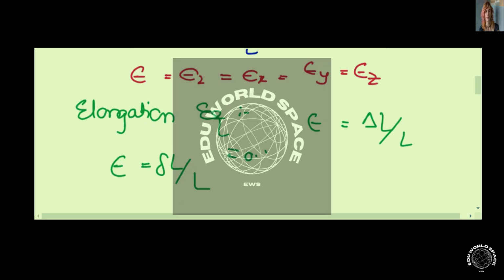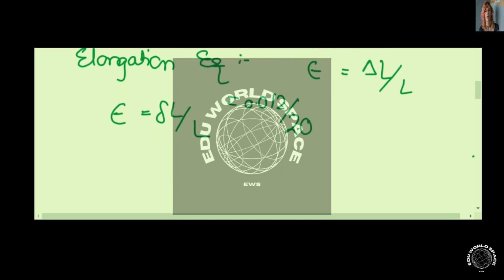So that is 0.012 divided by 20. Now using this and solving the result for Hooke's law, we have epsilon equal to stress times 1 minus epsilon divided by E. So rearranging it, we have the stress in terms of the strain.